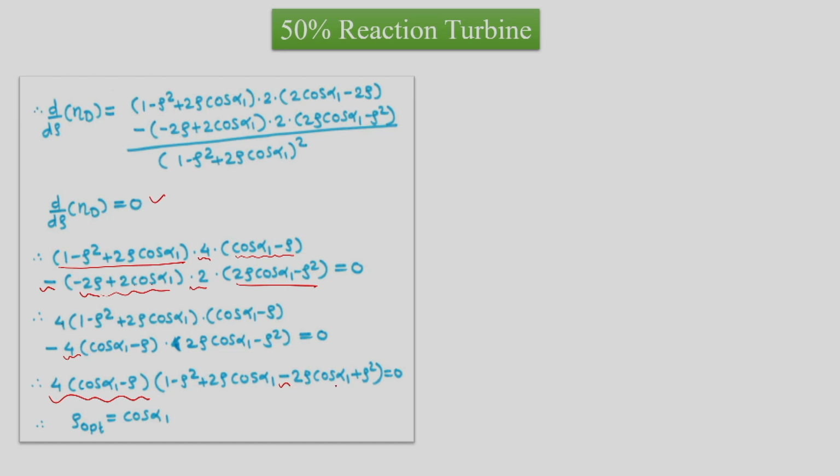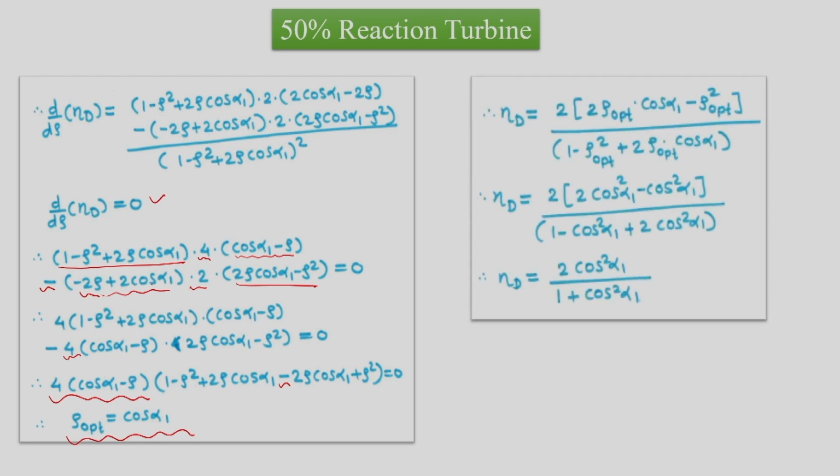twice rho cos alpha 1 plus rho square, and if we equate this to 0, we ultimately would get rho optimum, or rho is equal to cos alpha 1. So the maximum efficiency of a reaction turbine will be obtained if we have rho, or Vb, equal to V1 cos alpha 1.